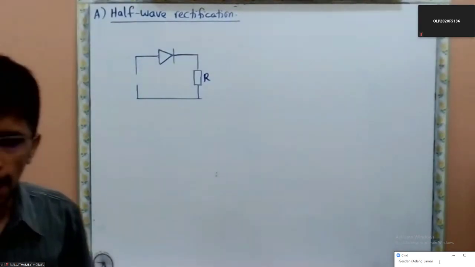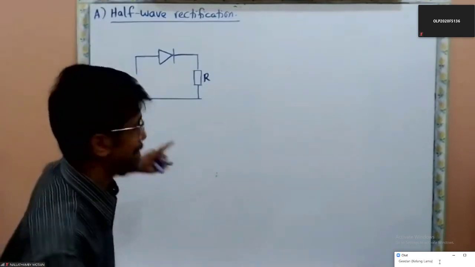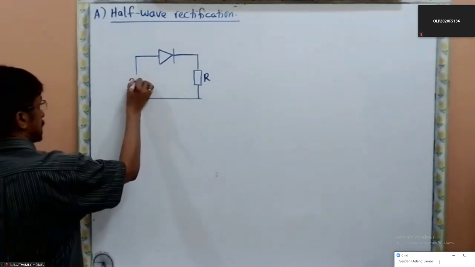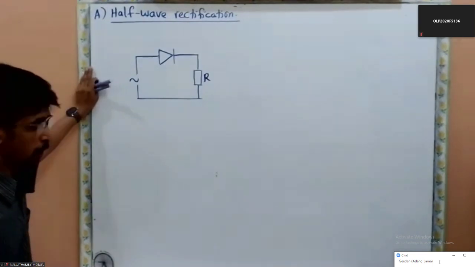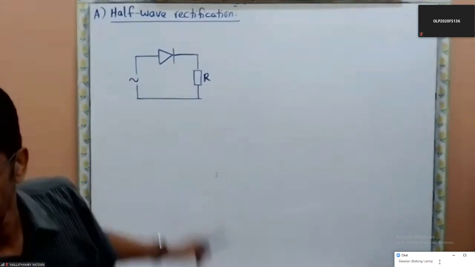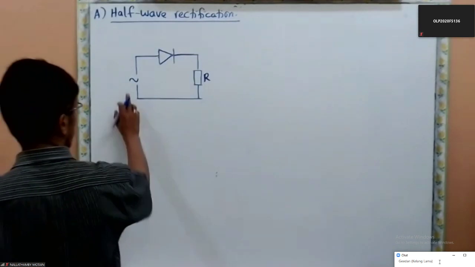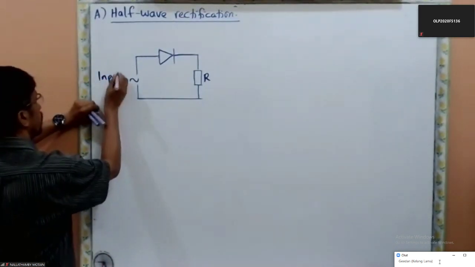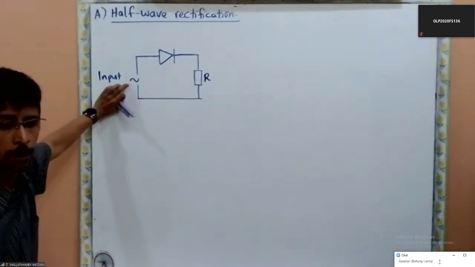It is a load, or it can be anything. Any device that is going to use direct current is connected over here. And the input over here is AC current. You can leave a small space on the left hand side, because later I'm going to make small changes over here. Here is the input, and here the output.